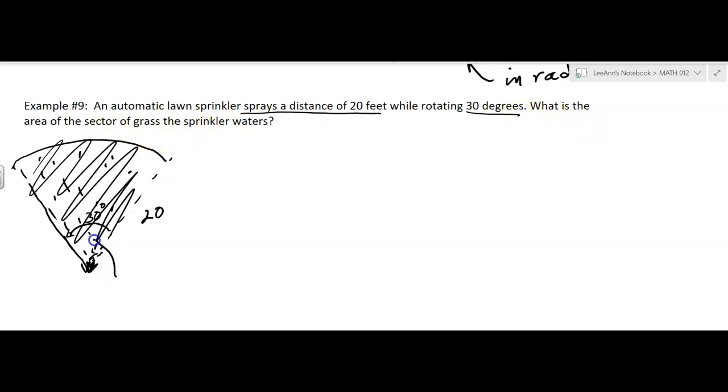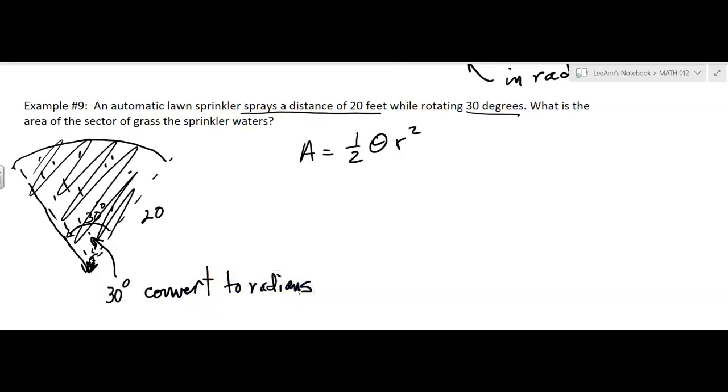Okay, so again, my angle here is 30 degrees. But in order for me to use the area of a sector formula, I have to get theta in terms of radians. So I need to convert 30 degrees to radians.